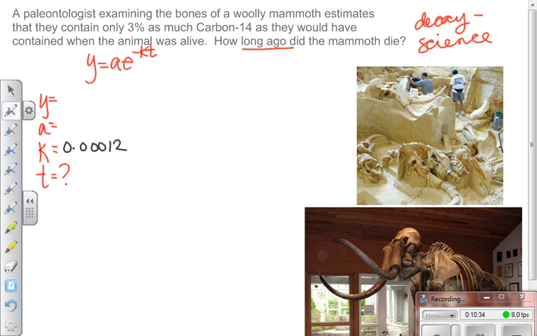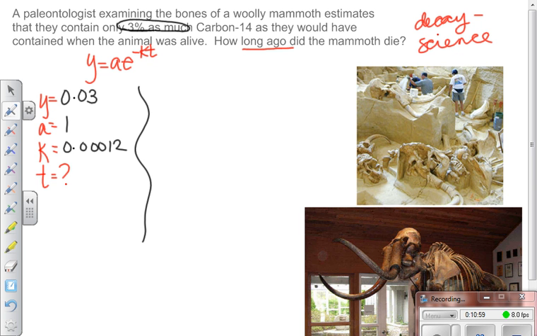It contains 3% as much. So my y, if I start again with one whole unit, 3% as much means there's 3% left, and as a decimal, 0.03. Now it becomes a plug and chug problem.